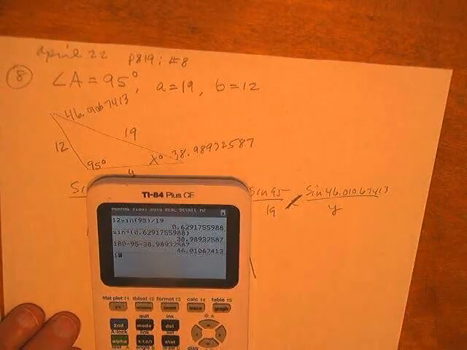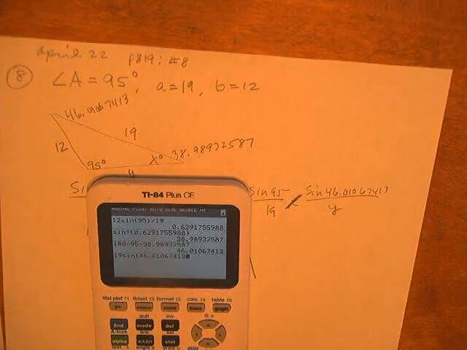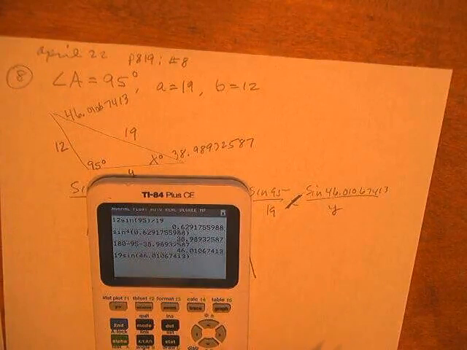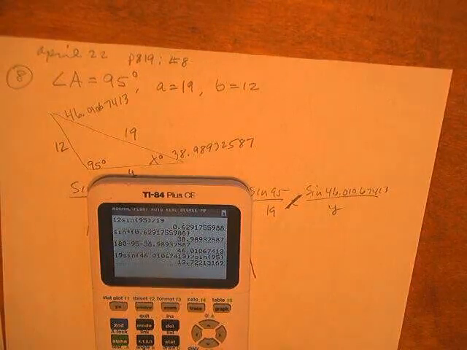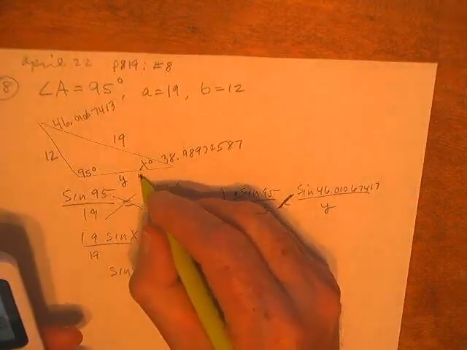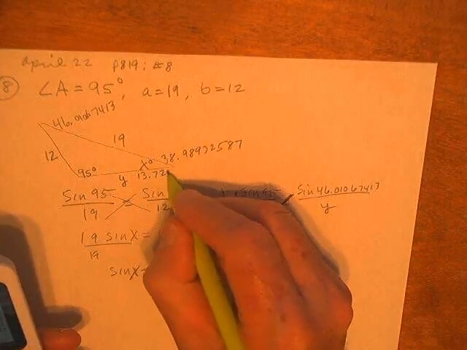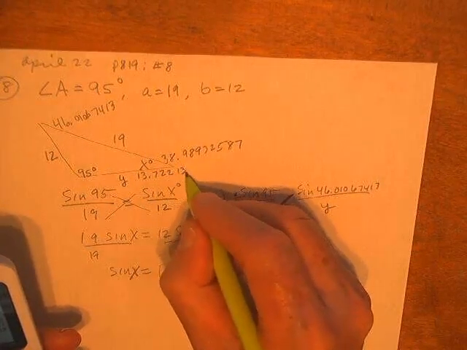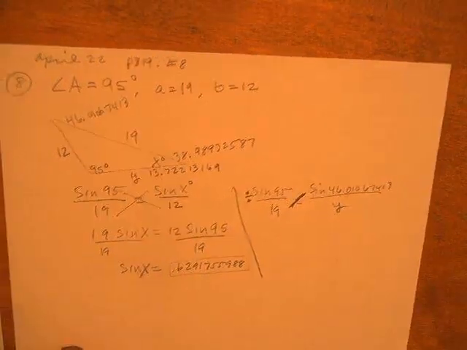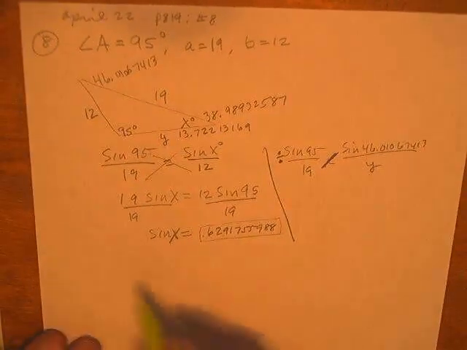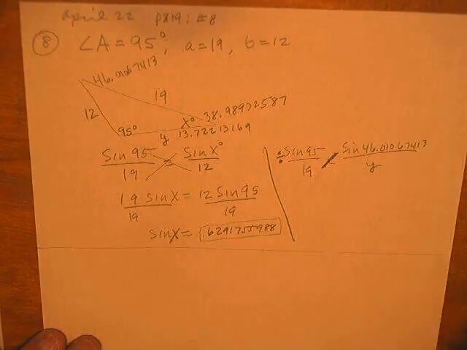So I can do 19 sine, just go up and get that angle. You don't want to have to retype it. And let's divide this by sine of 95. And there's the other side. The other side is 13.7221316 9. Okay? So this triangle is solved.